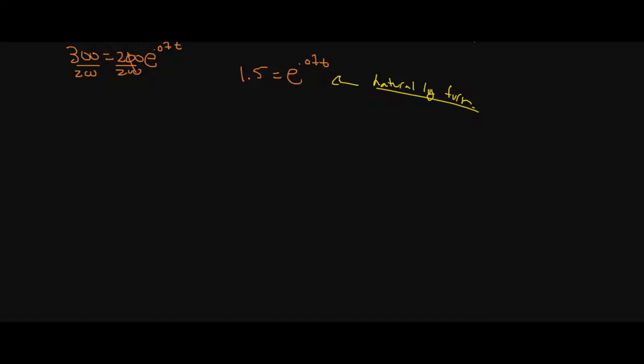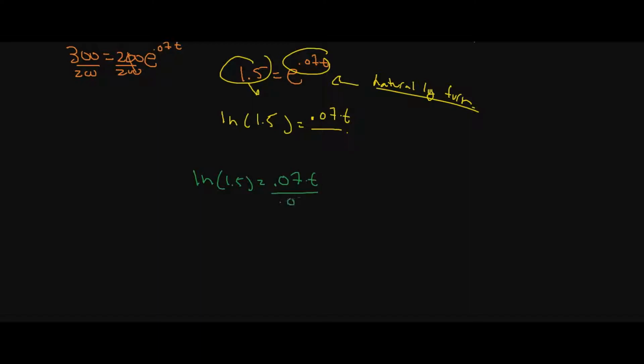Well, we know e is so special, it got its own inverse function, ln. If this is your output, that's now going to become your input, and if this is your input, that becomes your output: 0.07 times t. Let me just write it one more time. We have ln of 1.5 is equal to 0.07 times t.